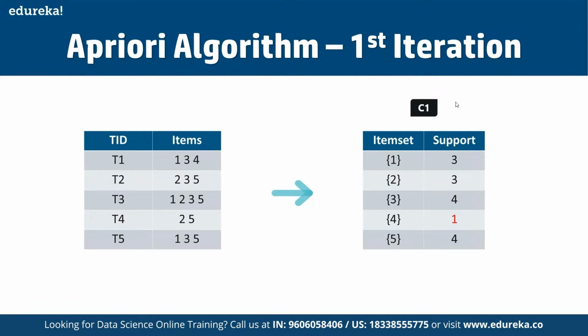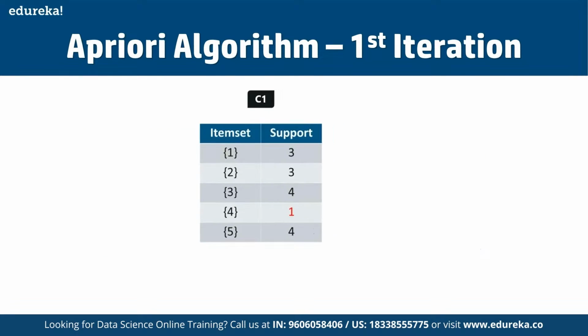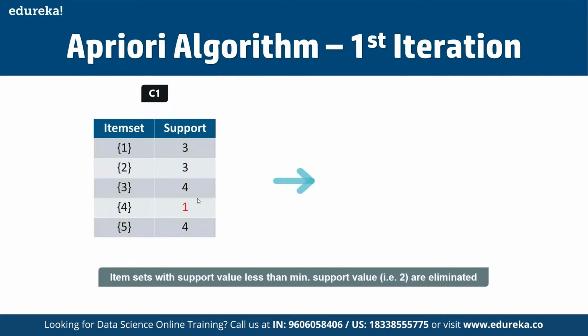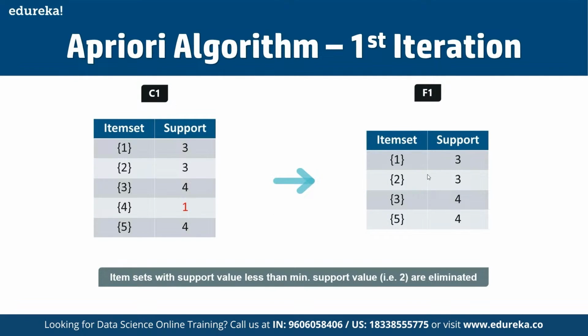So we are going to discard 4 in the upcoming iterations, and that's how we get the final table. The item sets with support value less than the minimum support value, that is 2, are going to be eliminated.